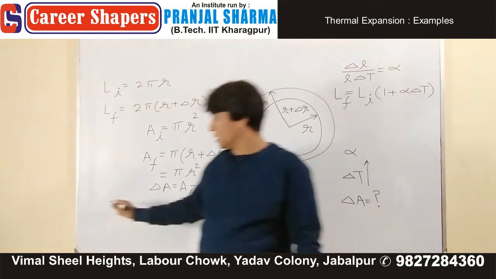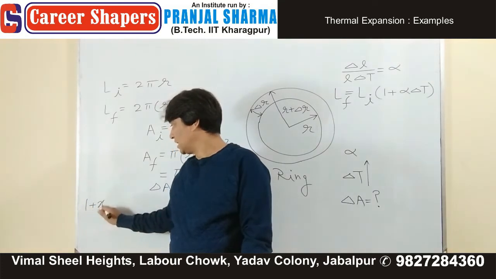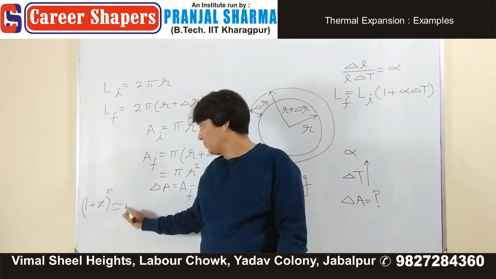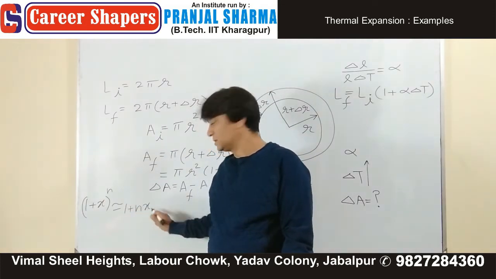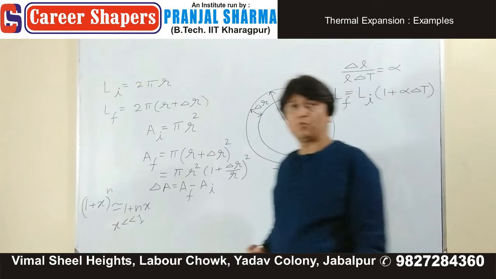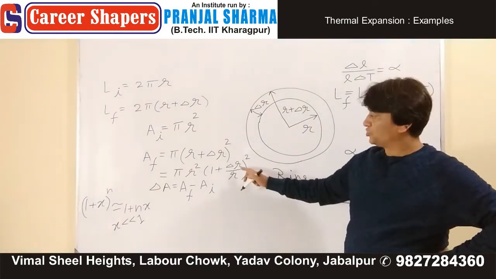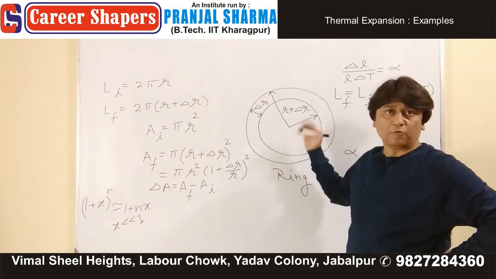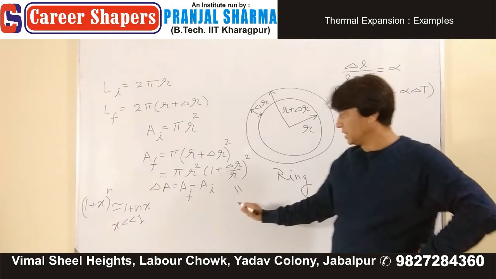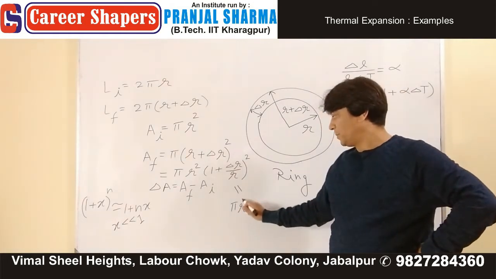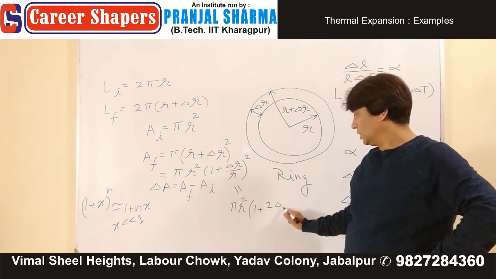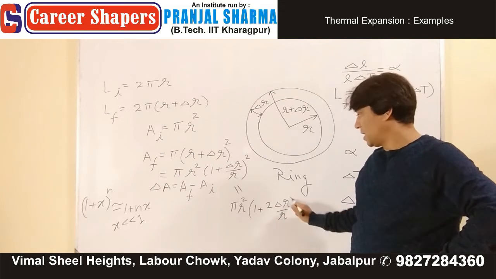I've already told you that 1 plus x to the power n can be approximated with 1 plus nx, provided x is much smaller than 1. We are assuming that changes in radius and length are very small, and therefore this whole thing is nothing but pi r square times 1 plus 2 delta r divided by r.